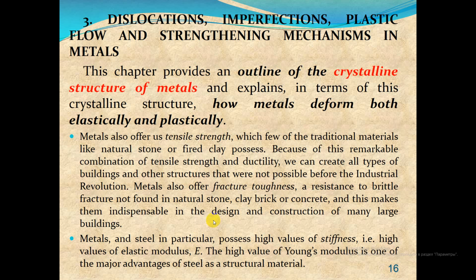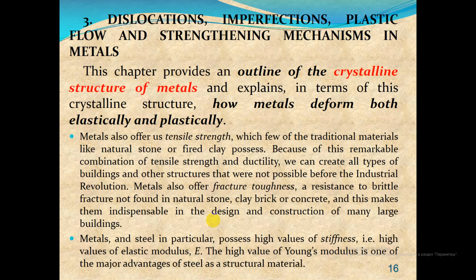You understand that metals are a group of materials of great technological importance in construction and in engineering generally. You know that metals also offer us tensile strength, which few of the traditional materials like natural stone or fired clay possess.